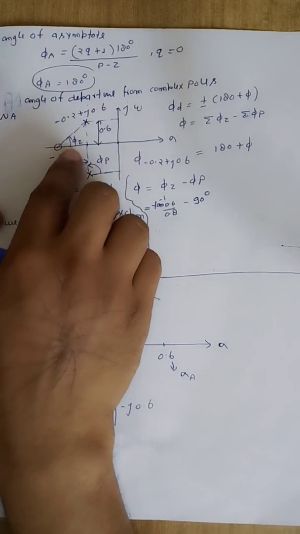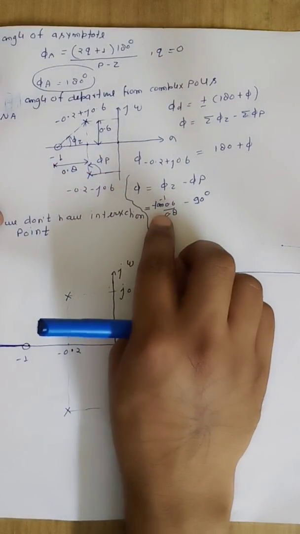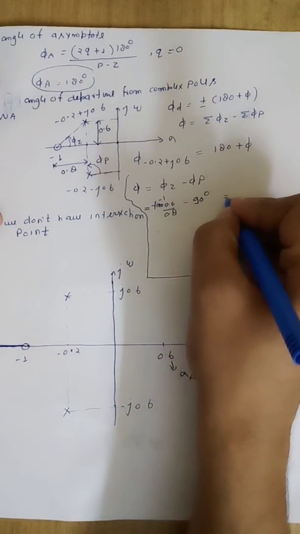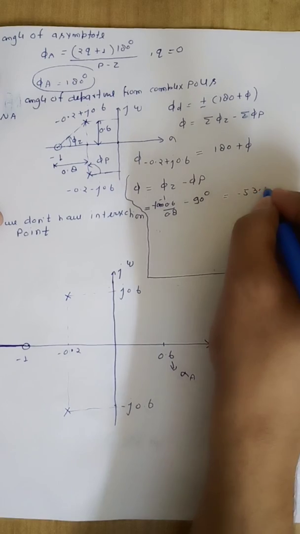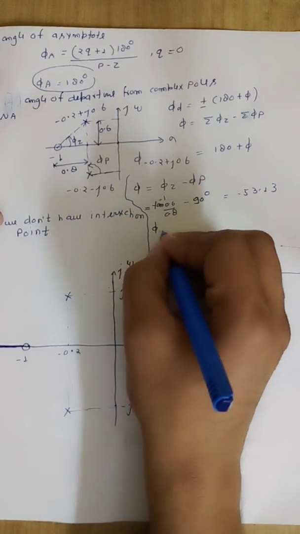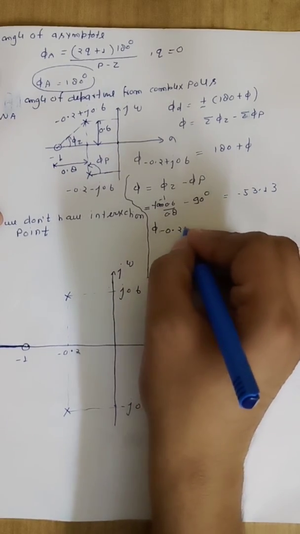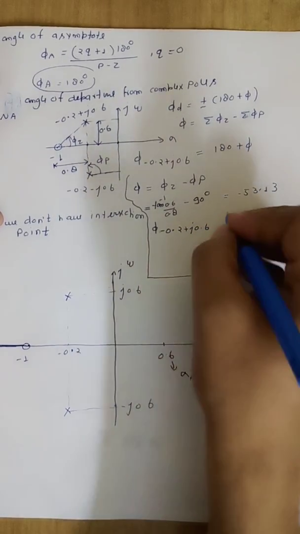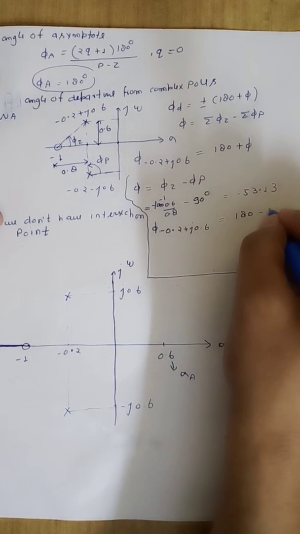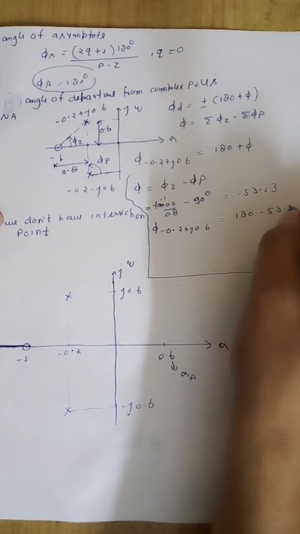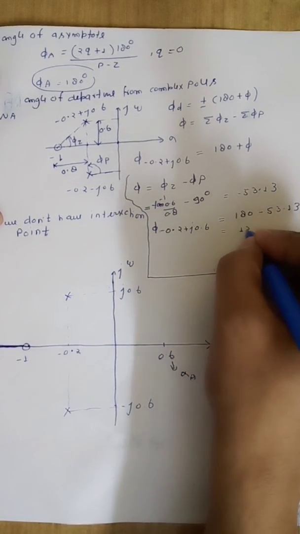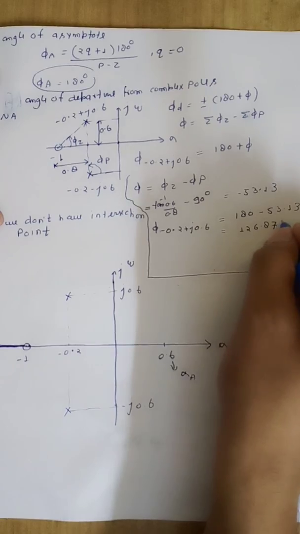So phi z, we have tan inverse 0.6 divided by 0.8. So we have phi equal to minus 53.13. So angle of departure from complex pole minus 0.2 plus j 0.6 is given by 180 degree minus 53.13. So we have 126.87 degree.